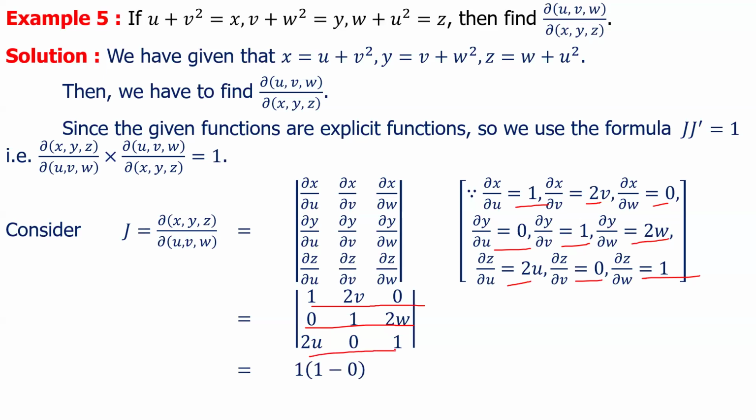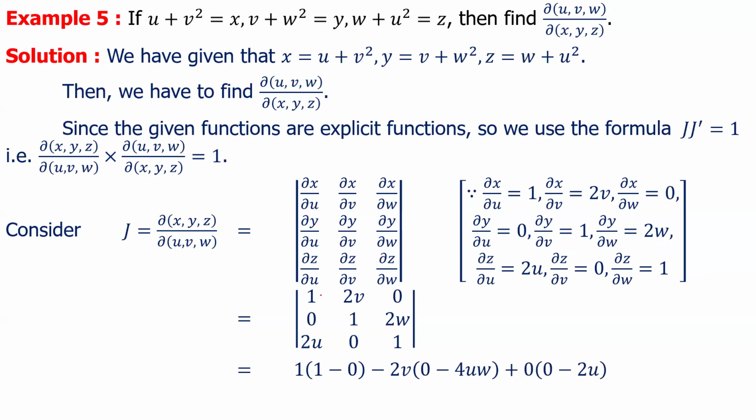Let us try to simplify the Jacobian determinant. 1 into, leaving this row and this column, 1 minus 0, the first part. Then the second part, minus 2v, leaving this column and this row, 0 minus 2u into 2w, which is equal to minus 4uw. The third one is already 0.